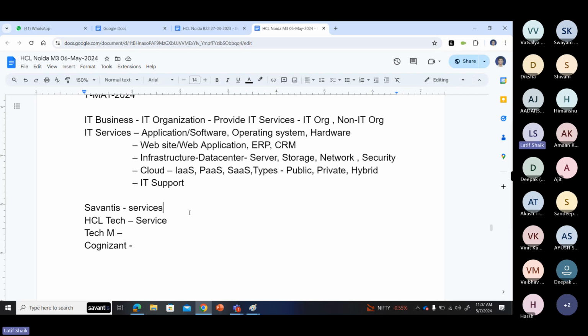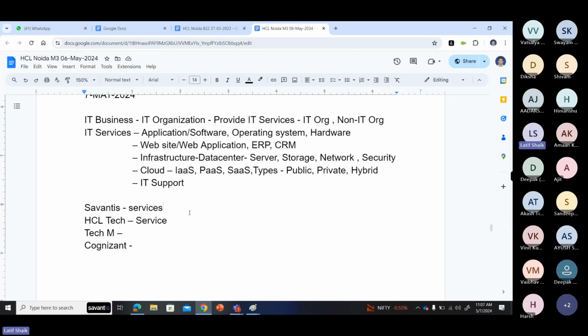Guys, when you have time, go to Google and search for the Savantis website. Find out what services Savantis is providing. What services is HCL Tech providing, to whom, who are the customers for HCL, and what types of industries is HCL providing its services to?